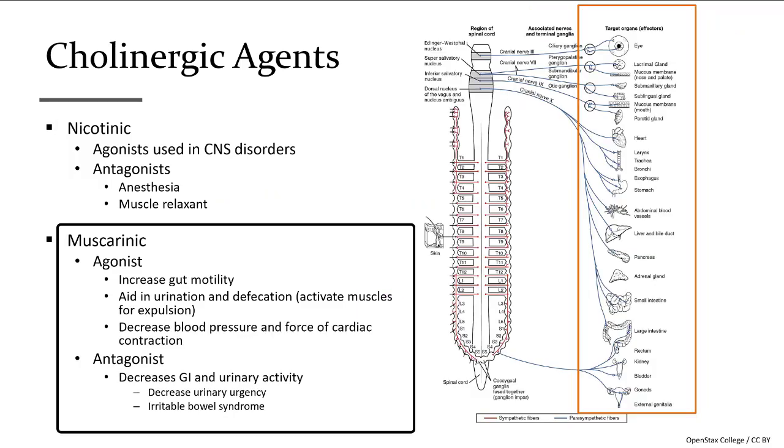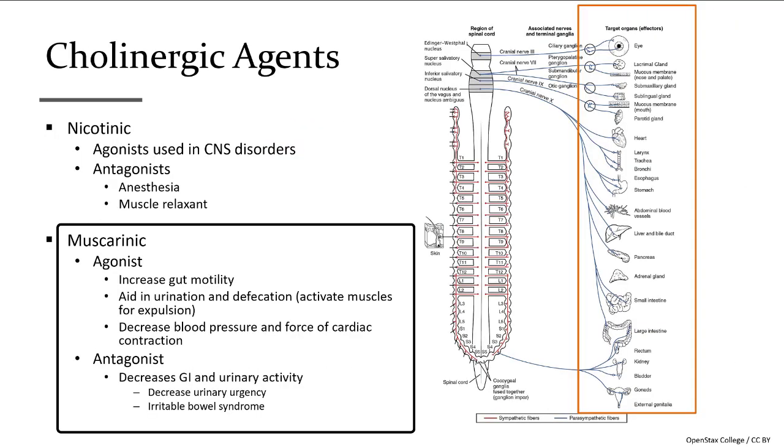Additional cholinergic agents might affect muscarinic receptors. Muscarinic receptors are going to be very specific for the actual autonomic organ or tissue itself. An agonist means something that's going to enhance it, increasing the activity of that parasympathetic effect. An antagonist is actually going to block the parasympathetic activity.